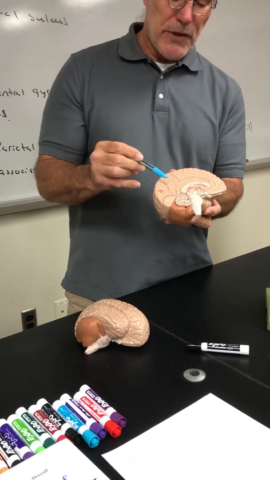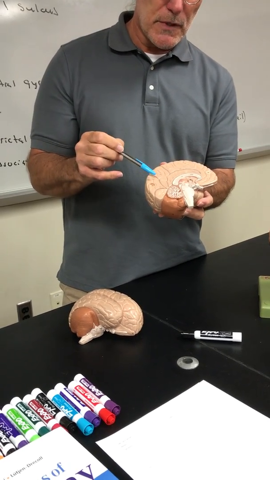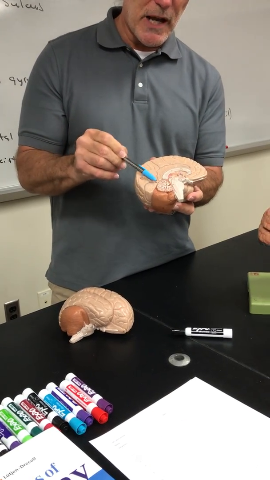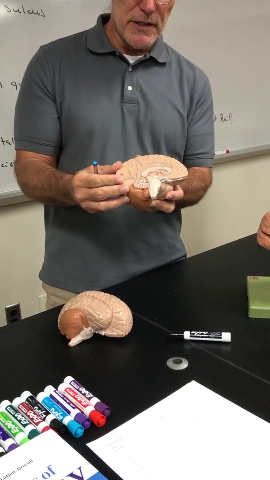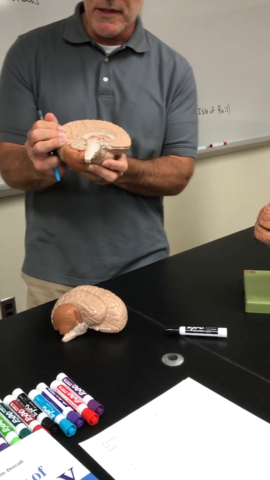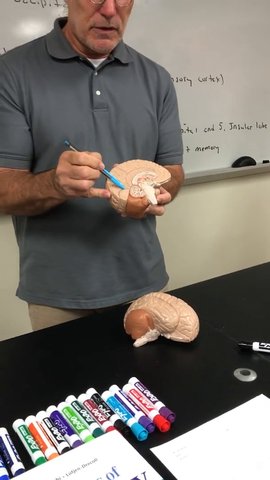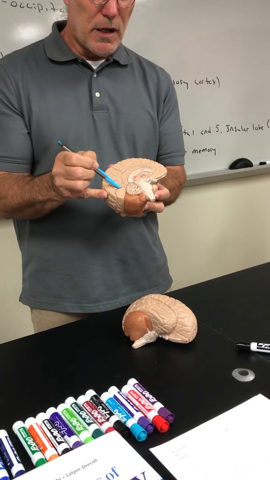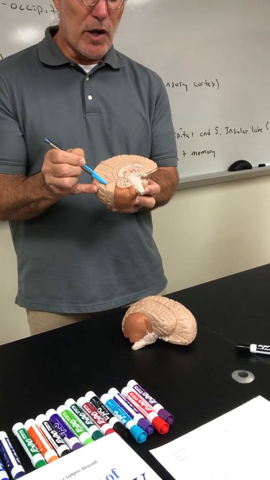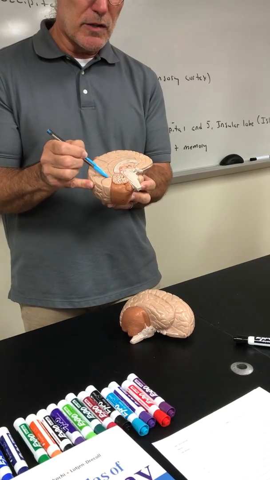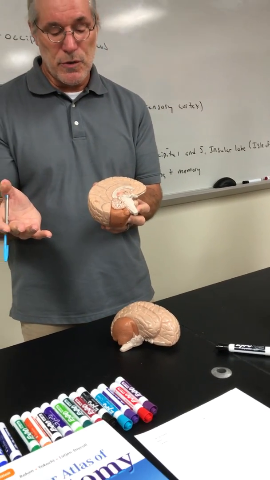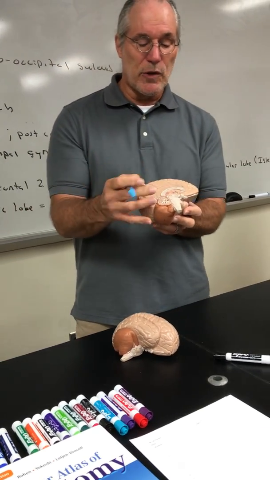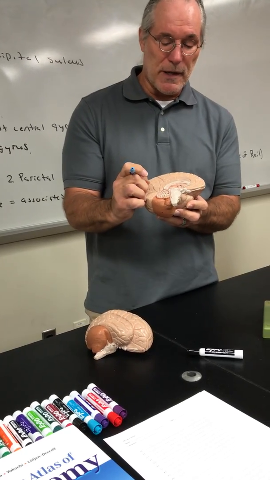Everything behind the parietal occipital sulcus is going to be occipital lobe, and we said that this is the center for visual processing. In fact, you're also going to learn this sulcus here is the calcarine sulcus, which is like the center of the cortex around visual processing.